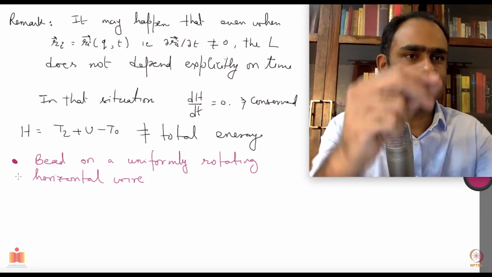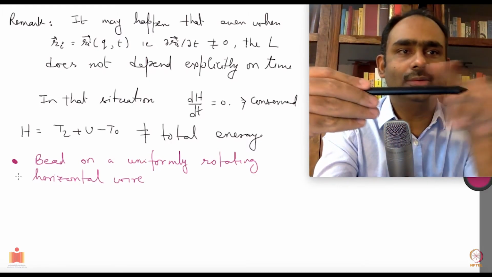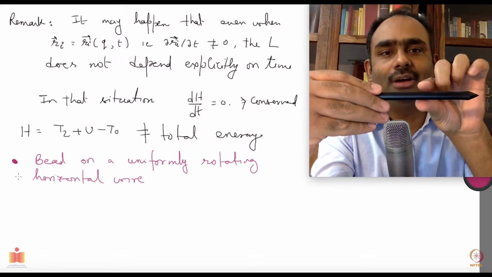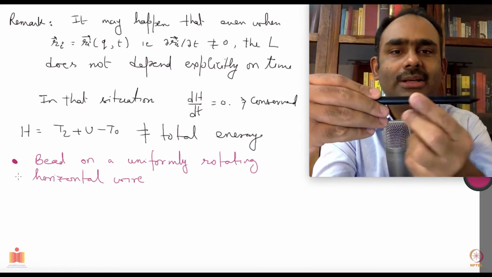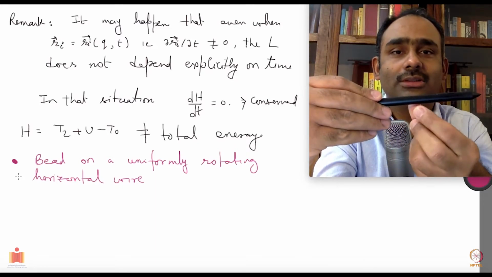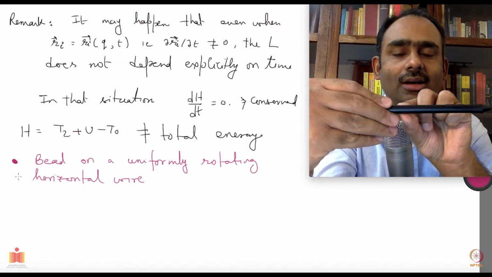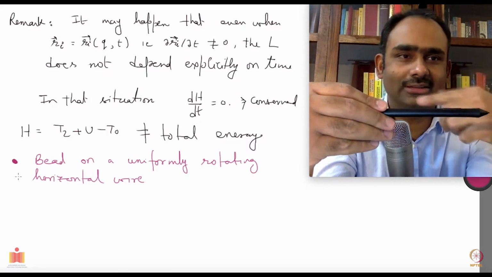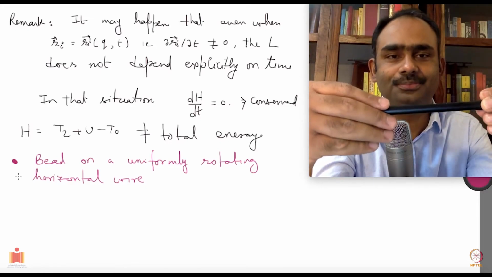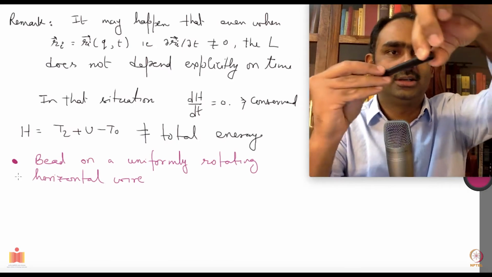So the situation is this. Let's say you have this wire which goes to infinity, and you have a bead here. Bead is like a pearl in a garland. So it can slide along this wire. So imagine a thin wire, not this thick pen, and this thing is moving about this fixed point uniformly.